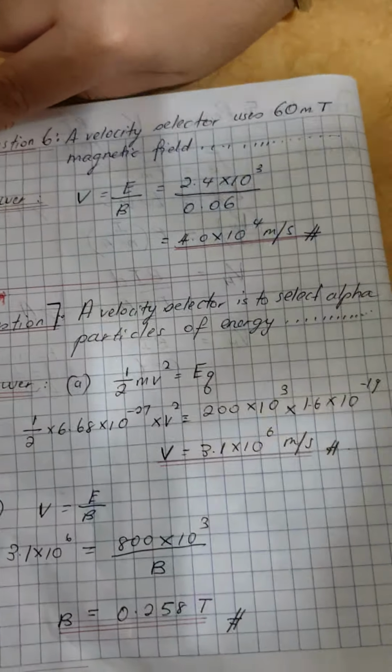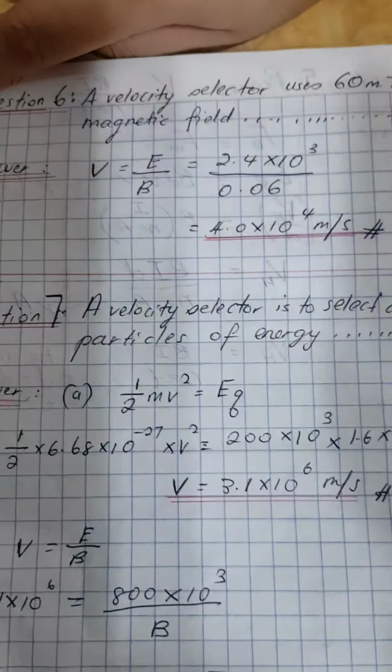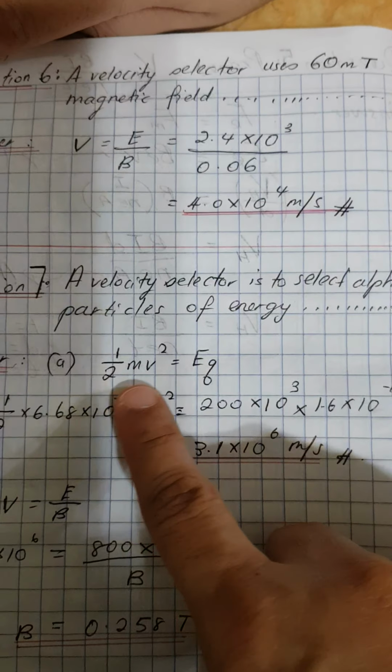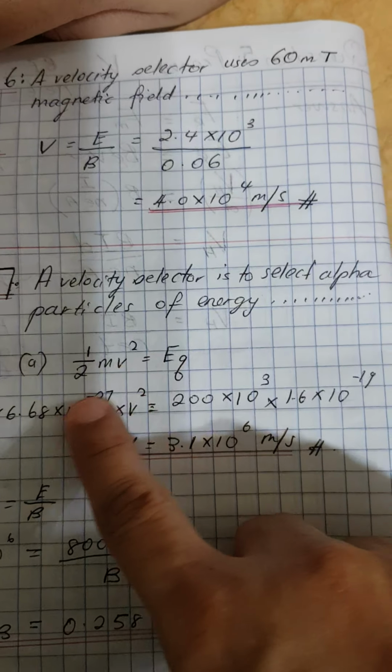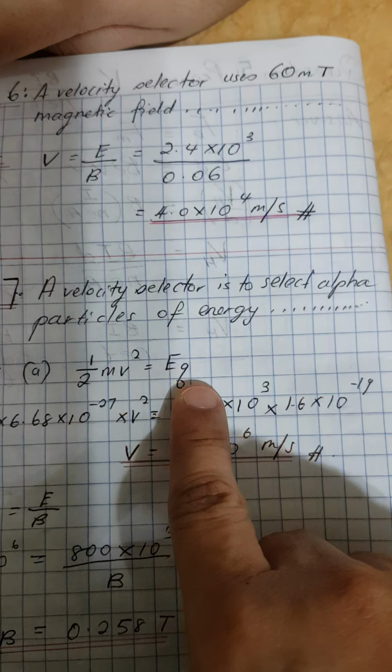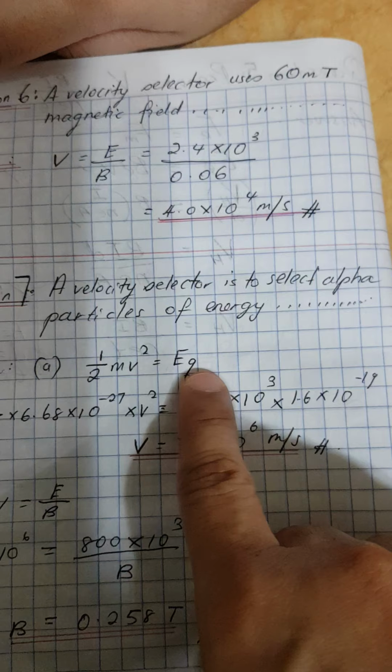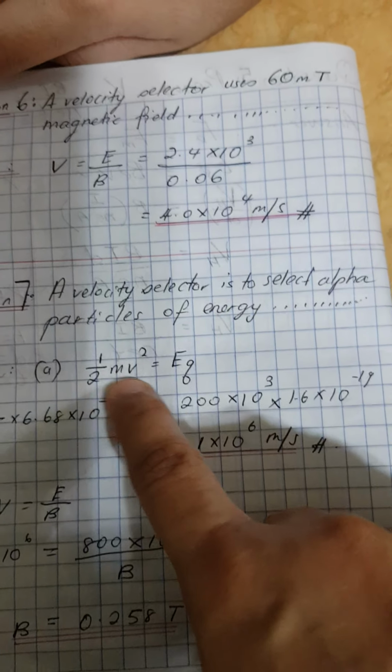When you have questions like this, class, you have to equate them: joule equals joule. So from here, half mv squared equals EQ. This is kinetic energy.